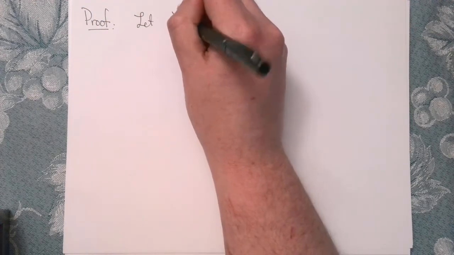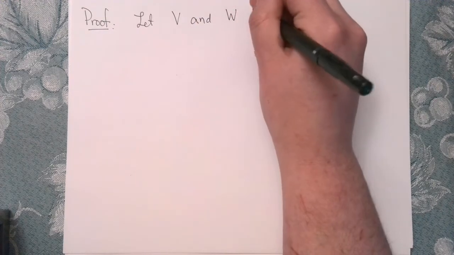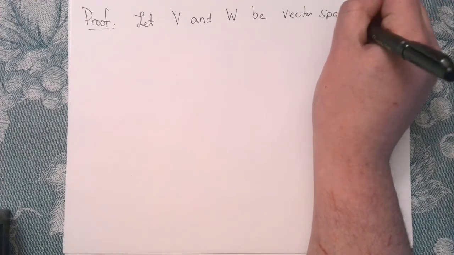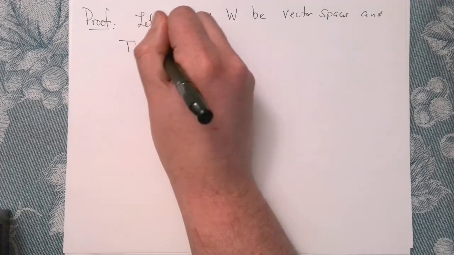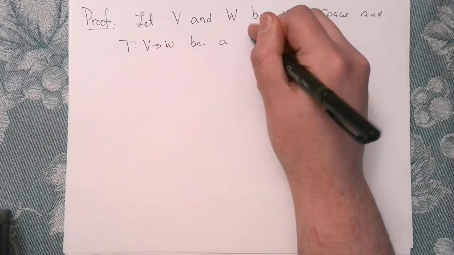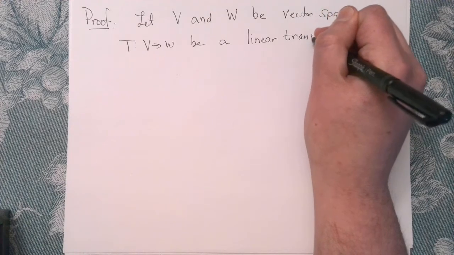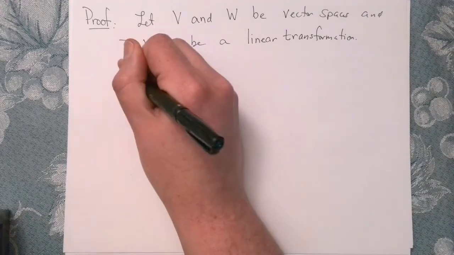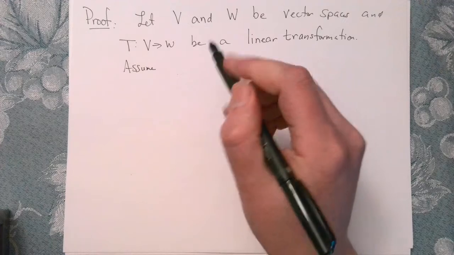So let V and W be vector spaces. And T from V into W be a linear transformation. And again, we want to assume that the kernel of T is trivial.